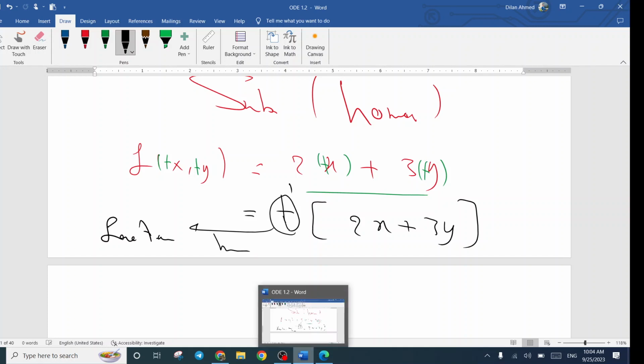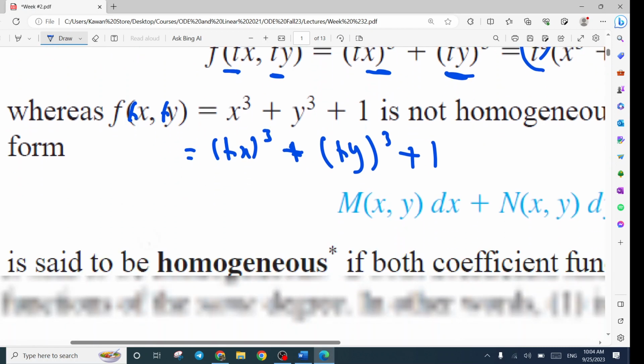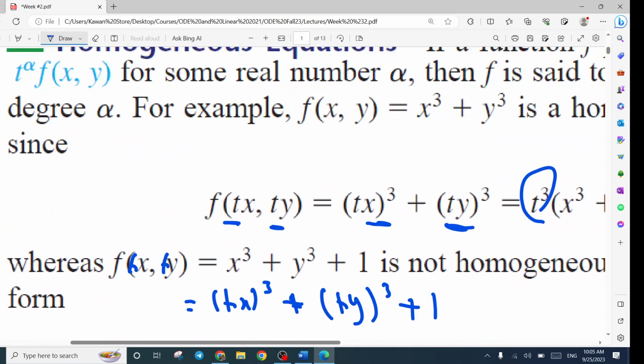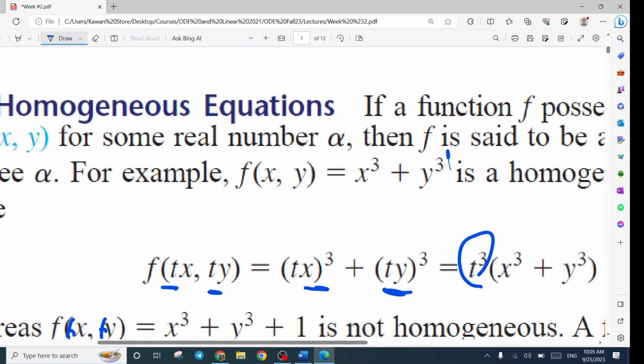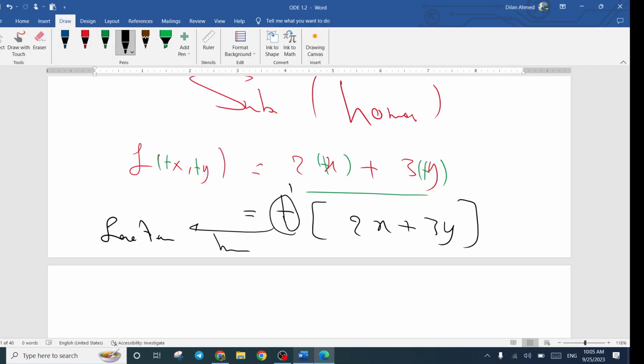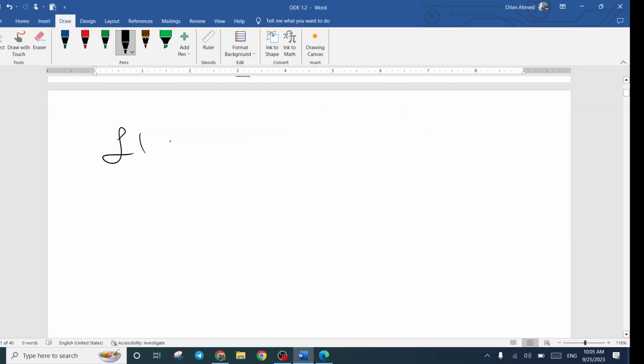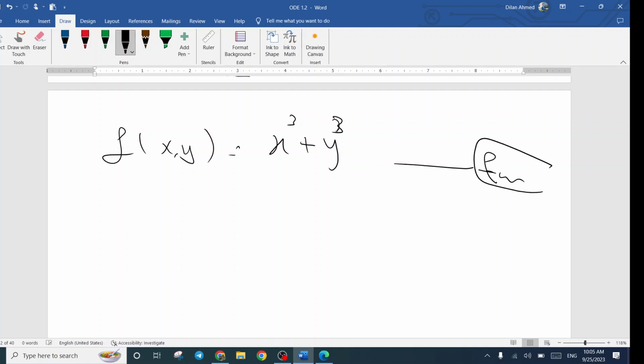Degree is 1. So generally speaking, look at here, you have f of x, y is equal to x cubed y cubed. If I want to test whether this function is homogeneous or not, I can multiply each x by t and each y by t.